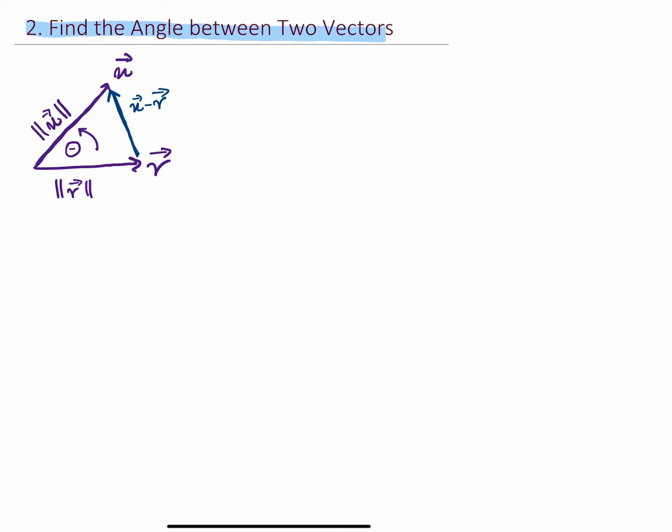If we imagine subtracting v from u, we would place v but in a flipped direction on top of u. So technically we would get this vector, but we can move it to any point in space. We can have an equivalent vector placed on that side to produce our triangle. So that means that side length would be the magnitude of u minus v.